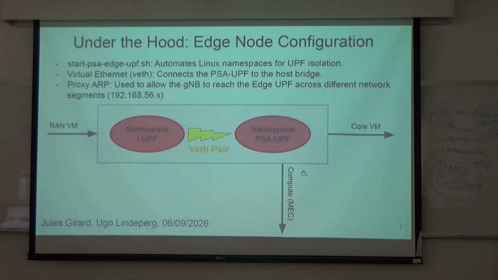The I-UPF and the PSA UPF are on the same virtual machine. Because they use the GTP kernel module, we need to separate the 2 UPFs in different Linux namespaces and link them together with virtual interfaces.